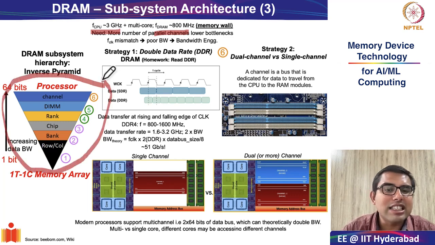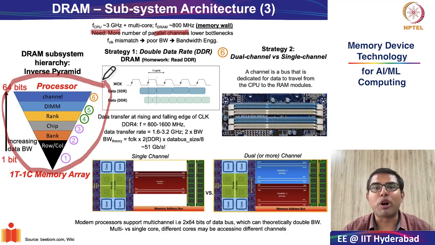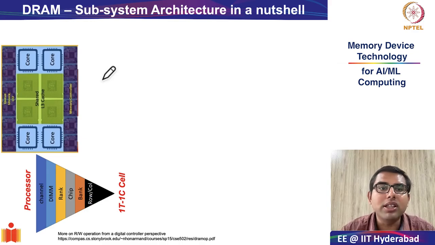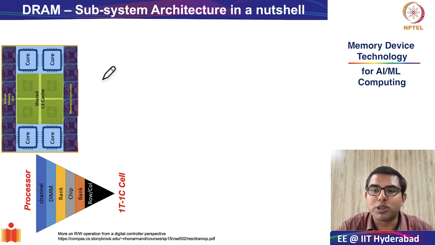I understand this is a very new concept for all of us, so I thought it would be worthwhile to recap this entire concept with a slightly different perspective. Because this is such a new and innovative concept and very important for addressing the memory wall, let's have a relook at it once again.